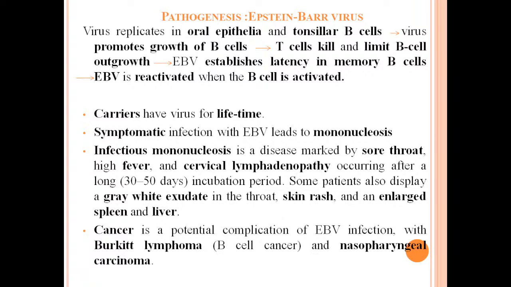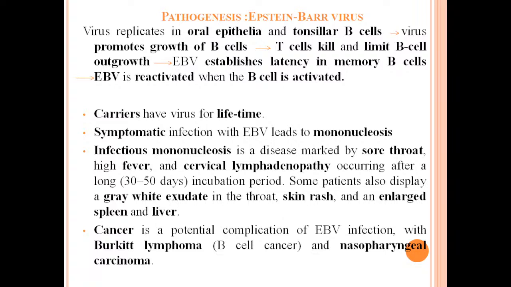Infectious mononucleosis is a disease marked by sore throat, high fever, and cervical lymphadenopathy occurring after a long incubation period, from 30 up to 50 days, about 2 months. Some patients also display gray-white exudate in the throat, skin rash, and enlarged spleen and liver.